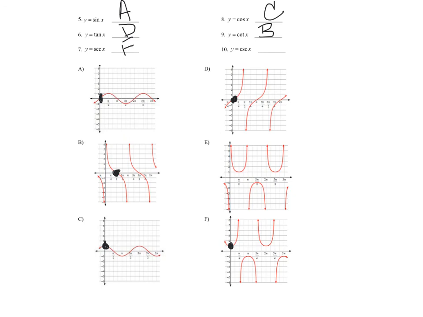And then cosecant is the reciprocal of sine. So we want the graph that has points that touch the sine wave. So the sine wave goes through here. And so the graph for cosecant is E.